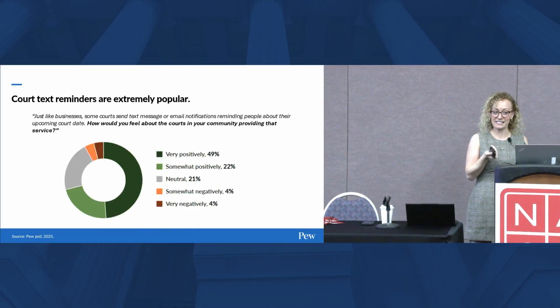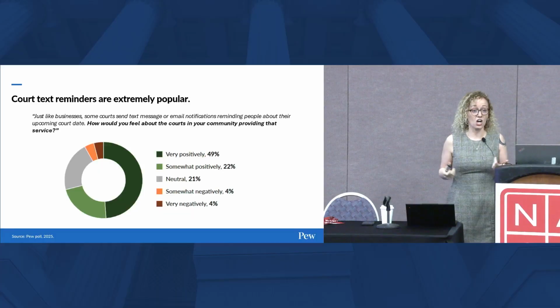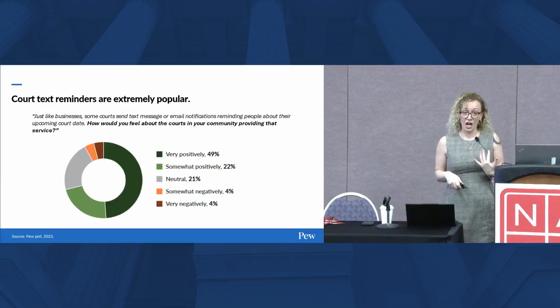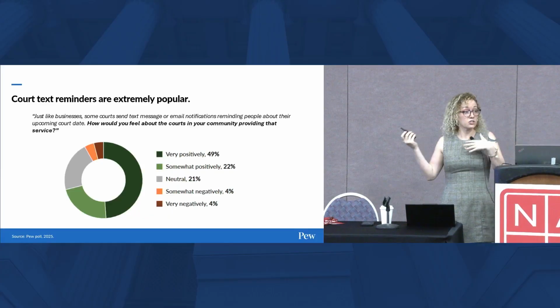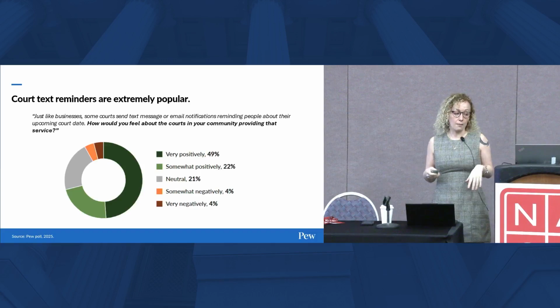And it makes sense because of all of the things that we've already talked about. Text message communication is modern communication. Text messages are easy to read, easy to access, easy to store, easy to search. So it means that somebody's court information is traveling with them and always available to them on their phone.